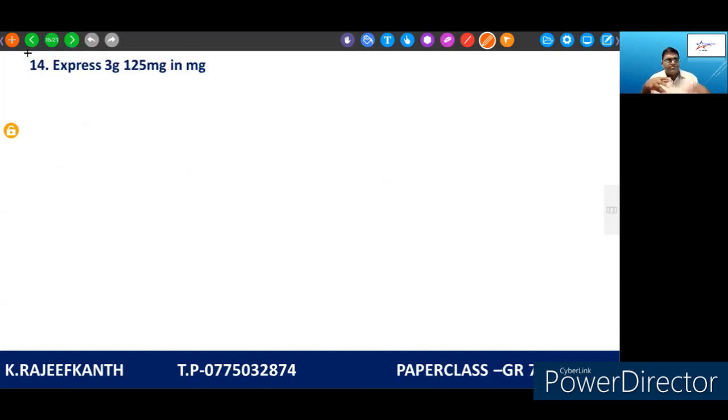Express 3 gram 125 milligram in milligram. You all know 1 gram is equal to 1000 milligram. So now you have to convert this 3 gram 125 milligram into milligram.